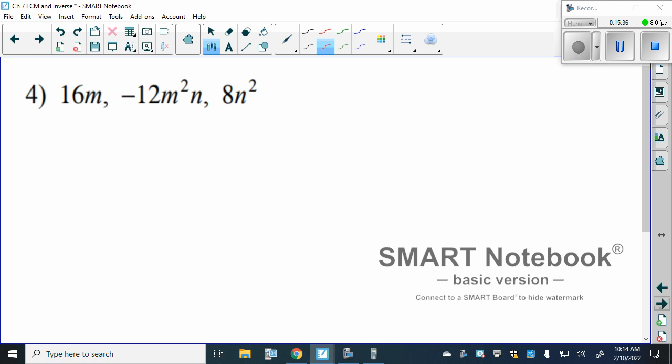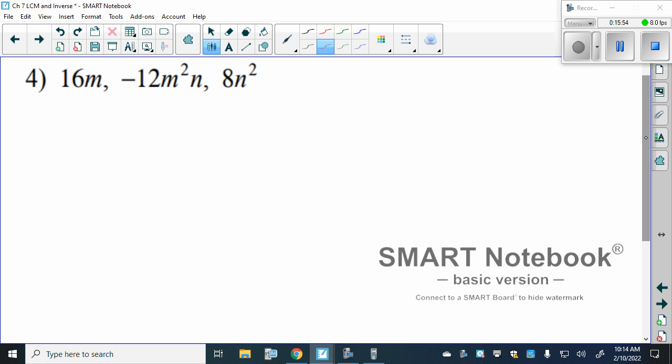Really what we're looking for is the smallest number or expression I can turn each one of these into. So when we look at this, we have 16m, negative 12m squared n, and 8n squared. We need a number that I can increase 16, 12, and 8 to so that they all become the same. So we're going to need bigger than 4.